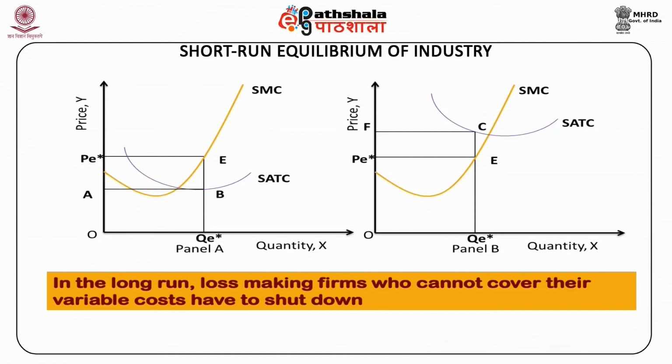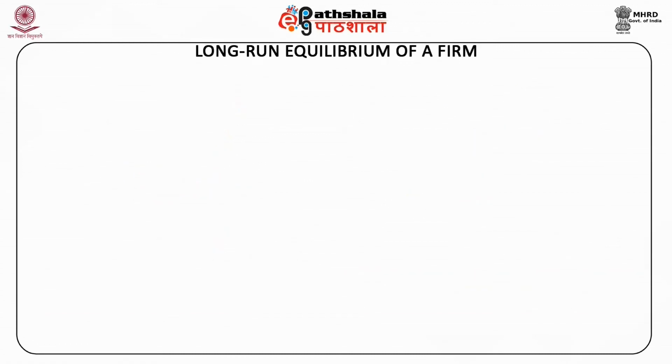Now we can move on to study the long run equilibrium in perfect competition. In the long run, all factor inputs and costs of production are variable. The firm will attain equilibrium at the point where price equals the long run marginal cost of the firm.